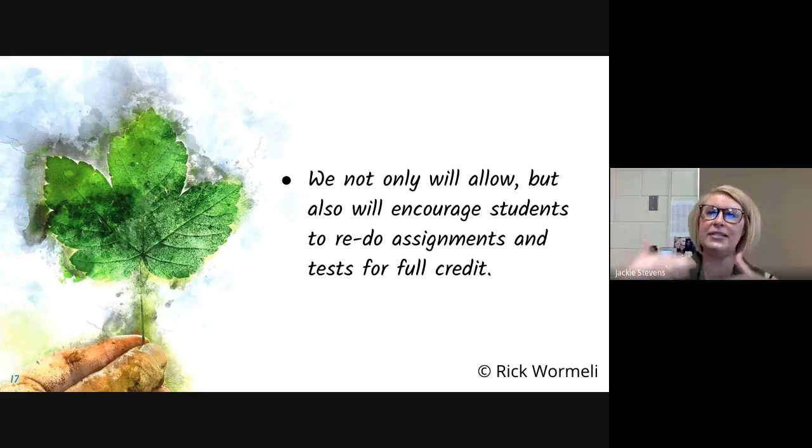We're going to put some restrictions on your license because you didn't get it all the first time. And I think we have this idea that students aren't able to always redo things in the future.